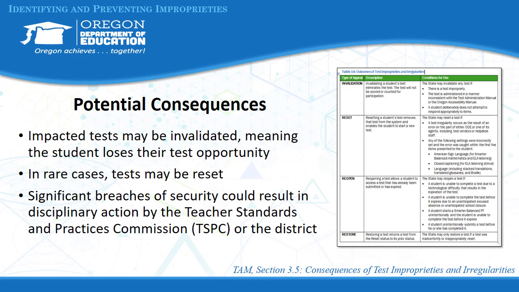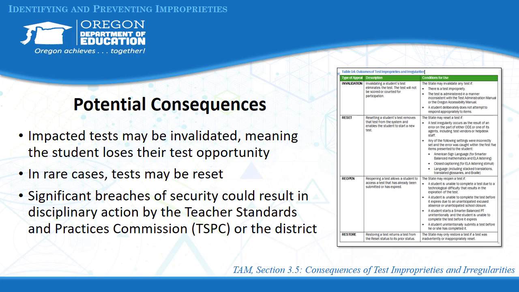When an impropriety occurs, ODE will work with the DTC to confirm the appropriate outcome. All possible outcomes are summarized in Table 14 of Section 3.5 of the TAM, shown here on this slide. Although ODE works to mitigate impact on students, due to the severity of the incident, the impacted tests must be invalidated.